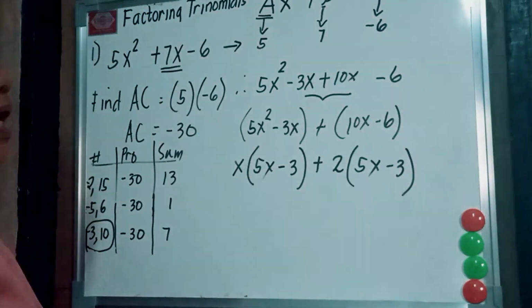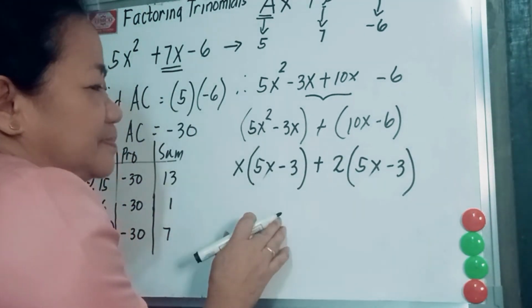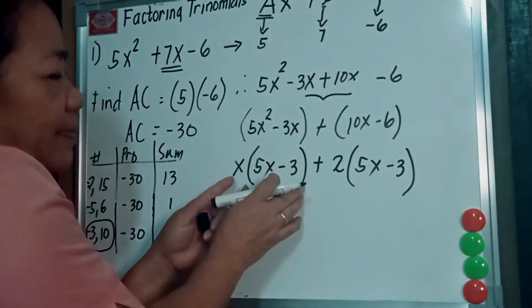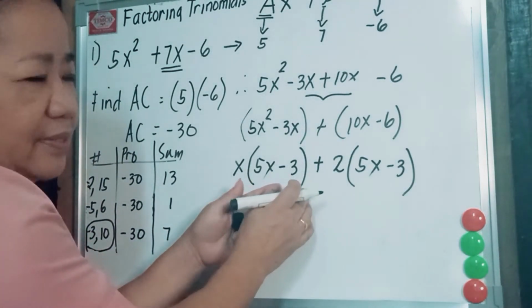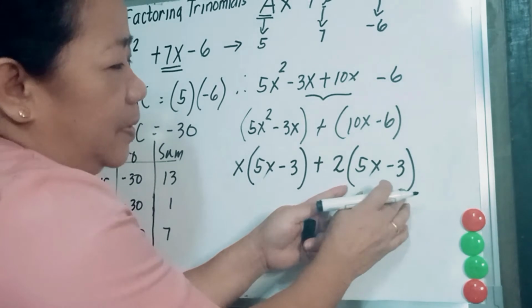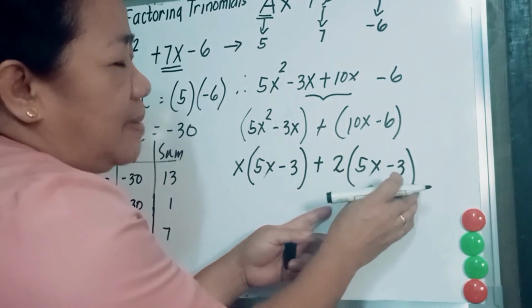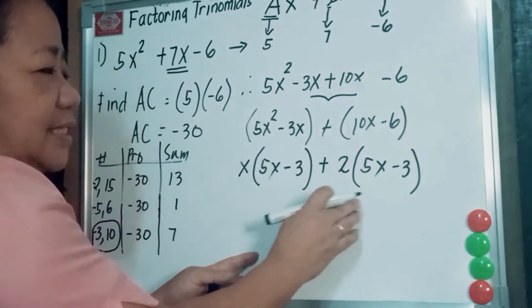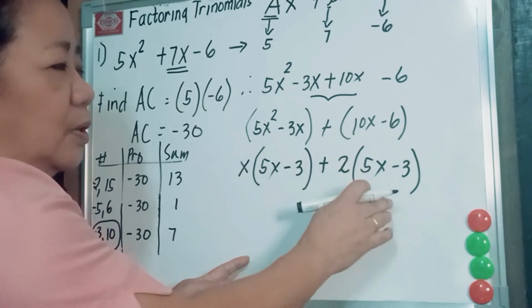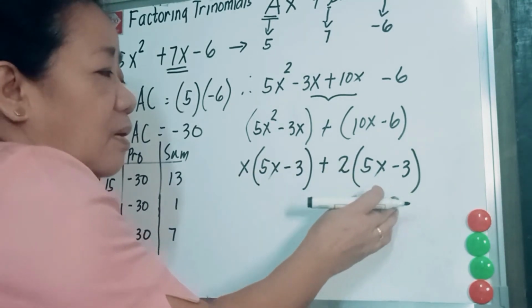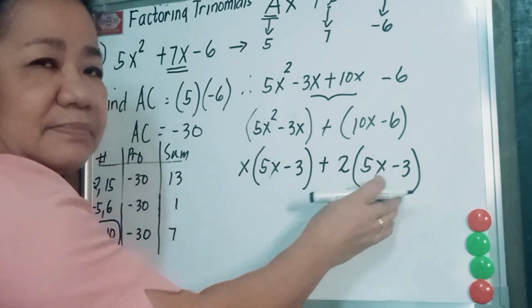Now, what have you noticed? In the first group, you have x and the quantity 5x minus 3. In the second group, you have 2 and the quantity 5x minus 3. So, you will notice that in each group, something is common, and that is 5x minus 3.